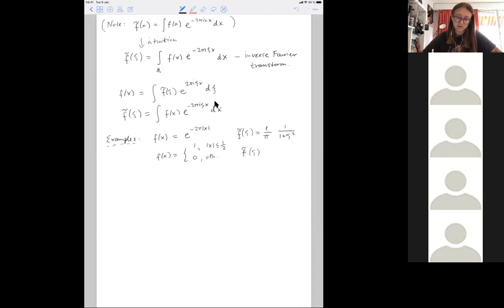I think it's sine. And then there is this peculiar function, which is the Fourier transform of itself.